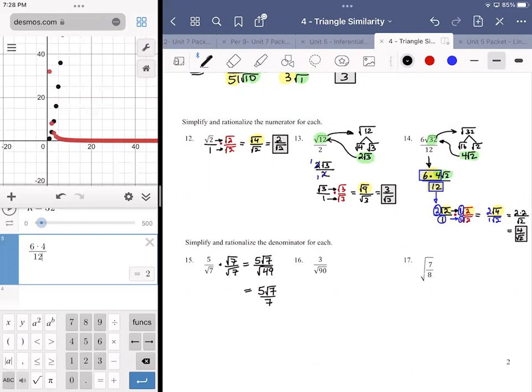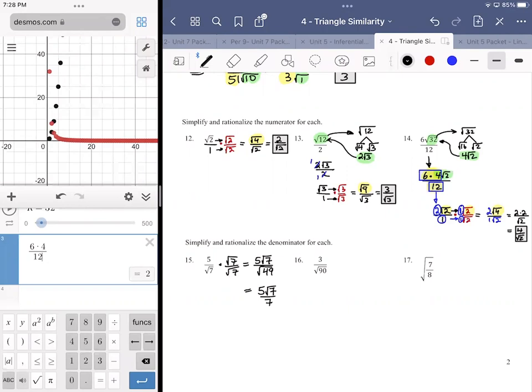For number 16, and really any question like 16, where you have a radical that can be broken down, even in the case of numbers 13 and 14, you can rationalize first, then break it down later on. It just usually ends up being more complicated to do it that way. So in theory, I could multiply top and bottom.